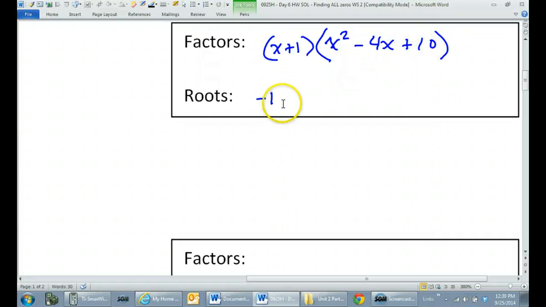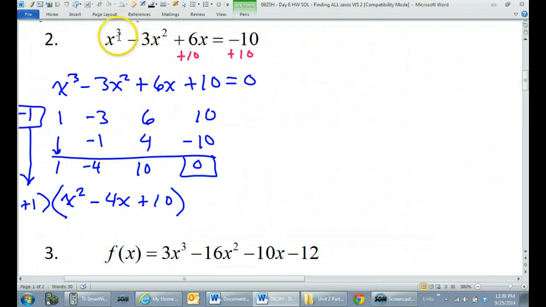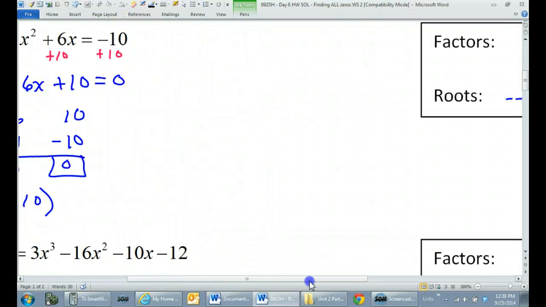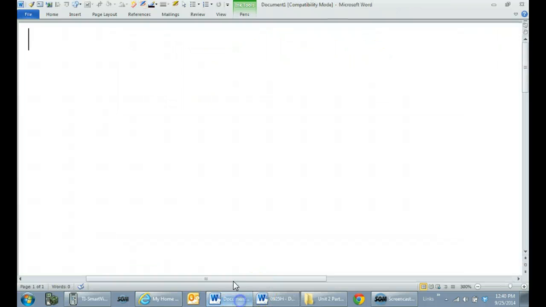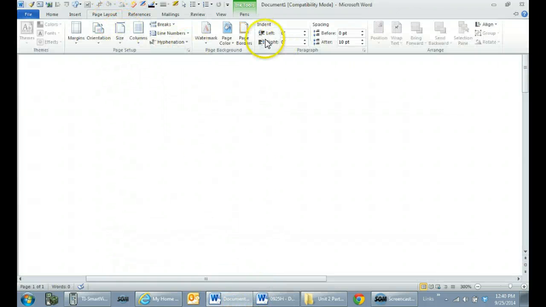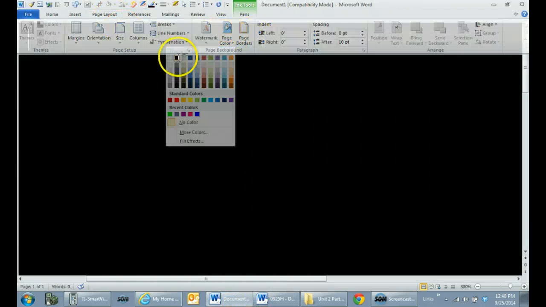Now, if I want to find my other 2 roots, all right, because you know there should be 3, look at the degree. If I want to find the other two, I need to set this equal to 0 and solve. And I'm going to show you two ways to solve this right now. Let's go to the black screen. There are two ways I can show you this.